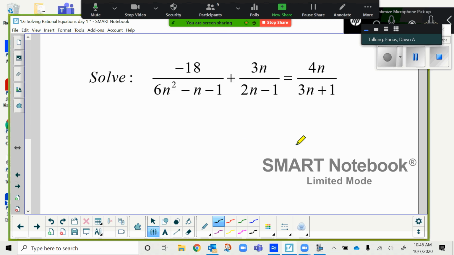All right, so take a moment and write this down before I start talking about it. We're going to release the Kraken on this problem. So the first step is to factor the denominators.